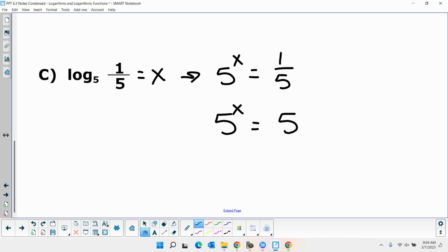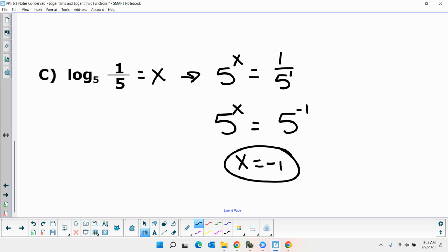So what happens to this exponent down here when it goes up to the top? It becomes negative. So 1/5 and 5 to the negative 1 are the same thing. So what's x equal now? So these got to be equal then, right? Once you get the same base on each side, whatever the exponent's got to be equal.